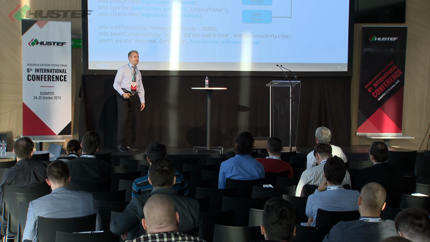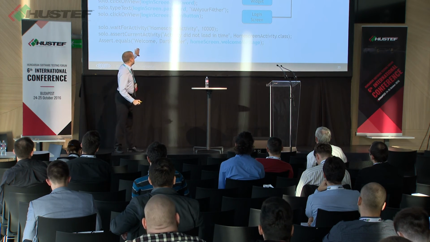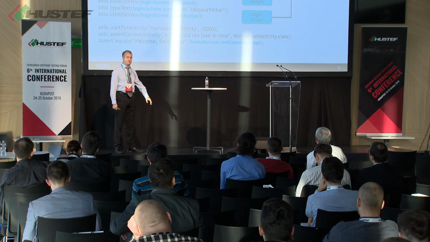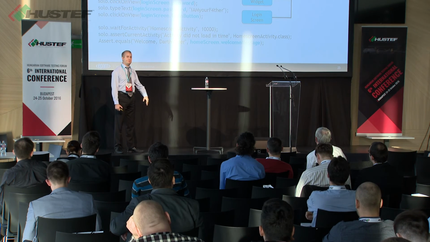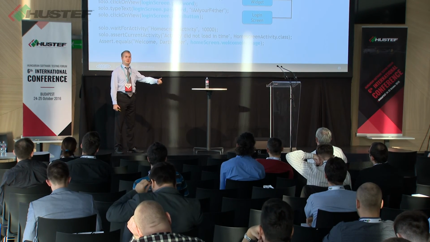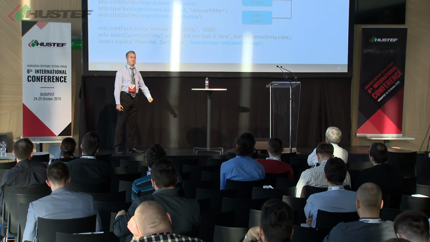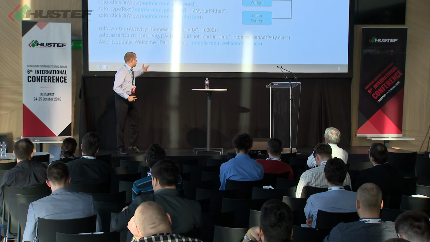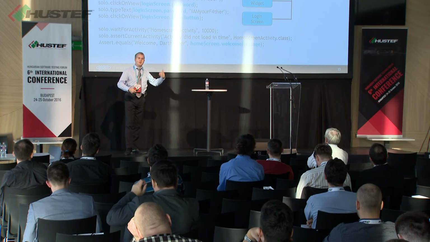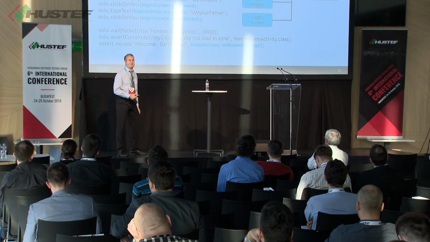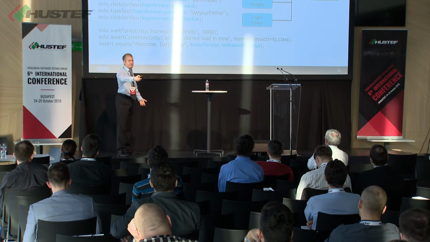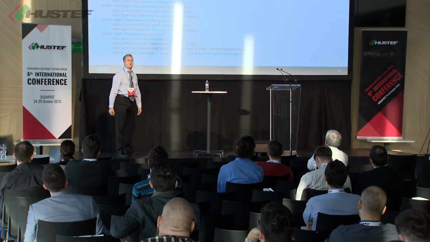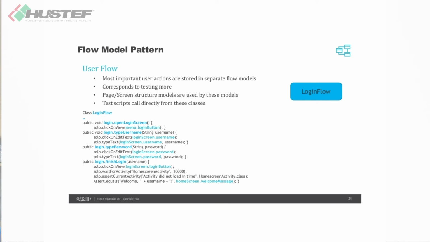But still, just look at it, and if you glanced at it for 3 seconds for the first time in your life, would you be able to tell what this test does? I think you wouldn't. I wouldn't either if I saw them the first time. Of course, I know what they do because I wrote them, but it would be more difficult for me if I sat there. So let's enhance this solution and introduce the flow models.